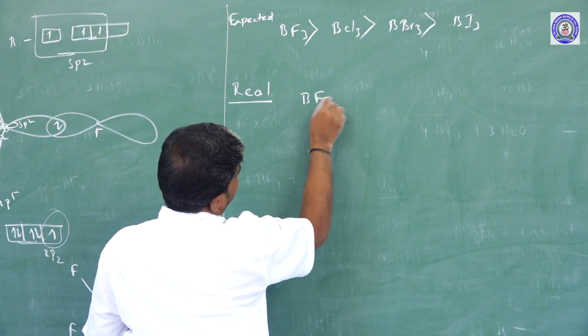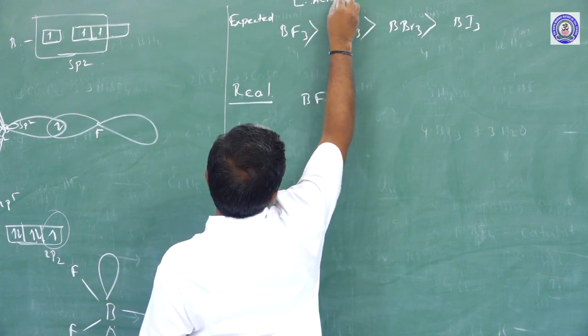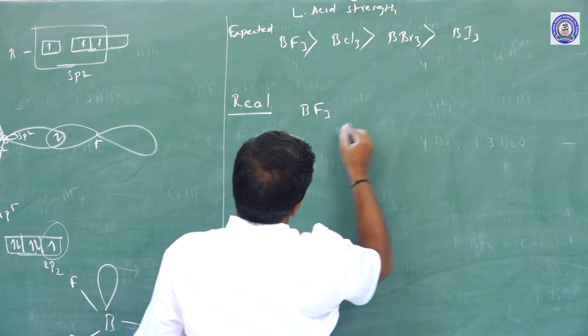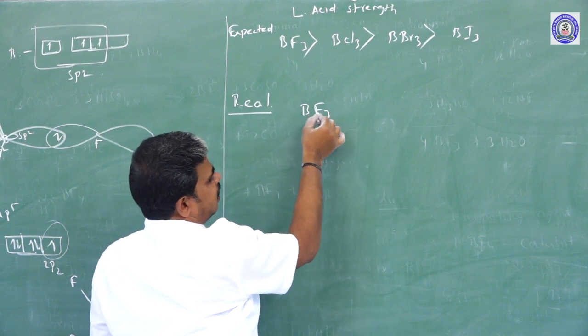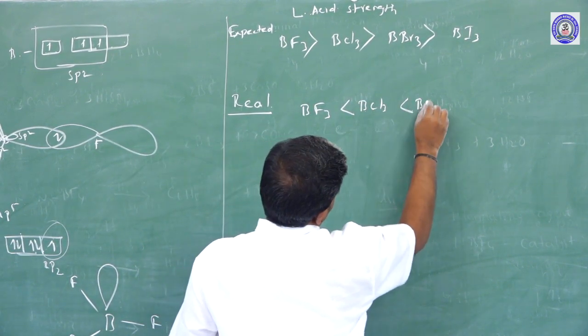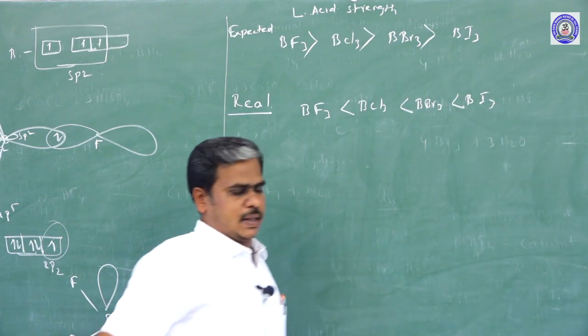The Lewis acid strength of BF3 is much less than that of BCl3, BBr3 and BI3. Why?